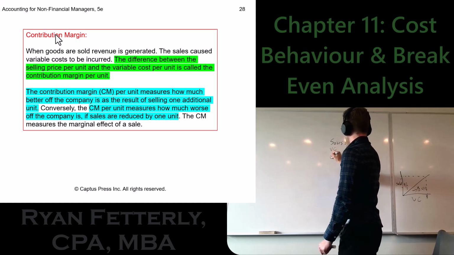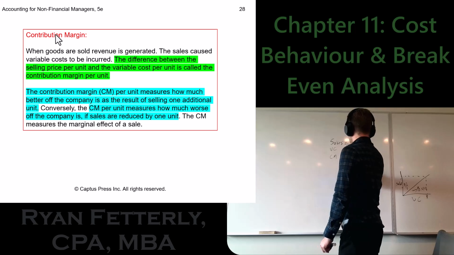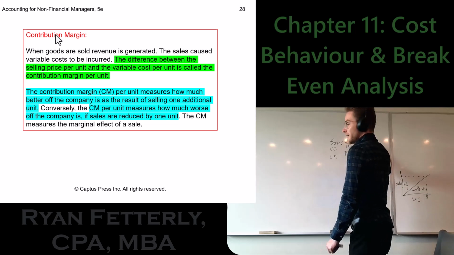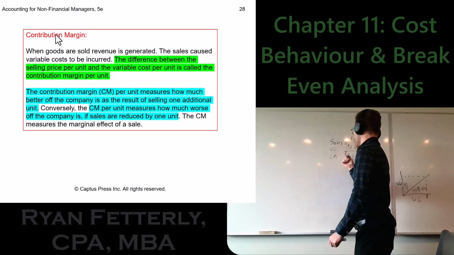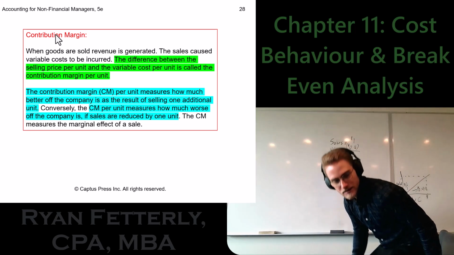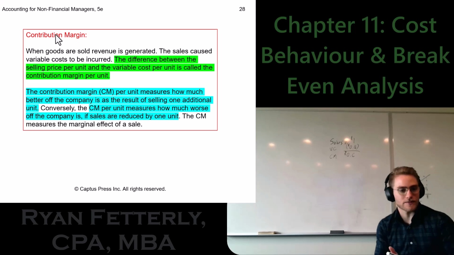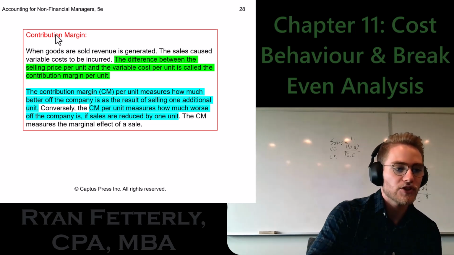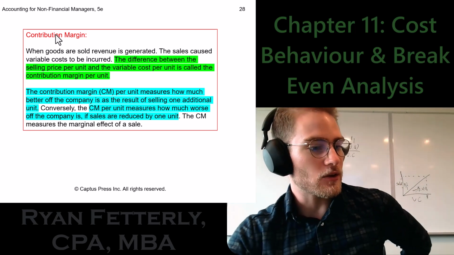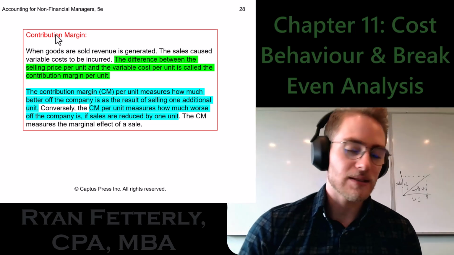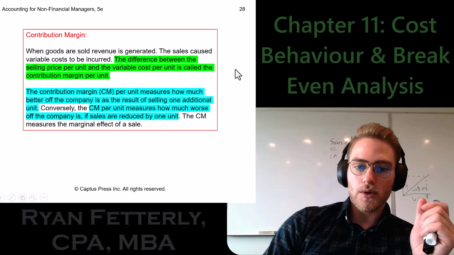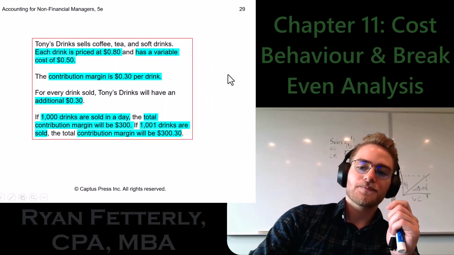That would leave me with a contribution margin of 60 cents. That means every time I sell 1 unit, I generate a sales dollar, I incur variable costs of 40 cents, so that contributes 60 cents to my fixed costs. It reduces my losses by 60 cents and eventually nets out to zero when I break even, and then eventually will generate a profit at 60 cents a unit. But we'll go through an example and I'll show you how that works.